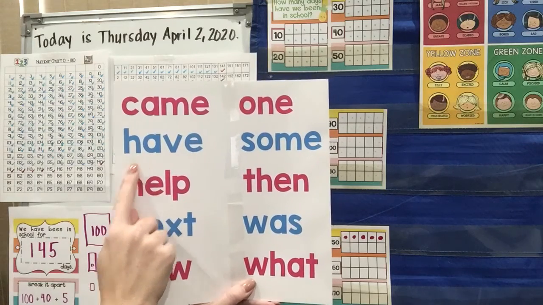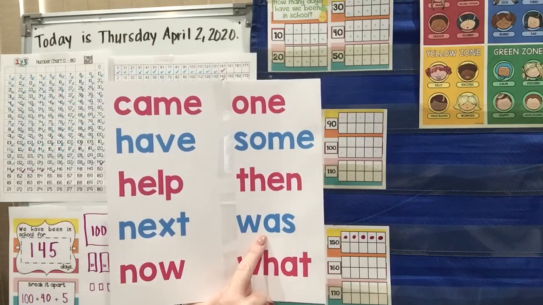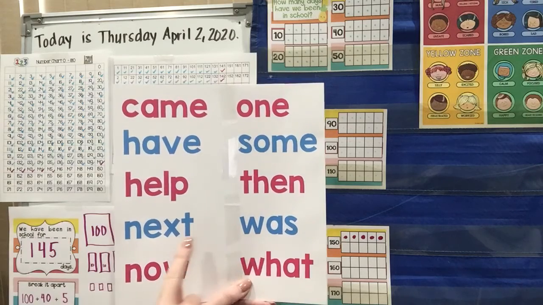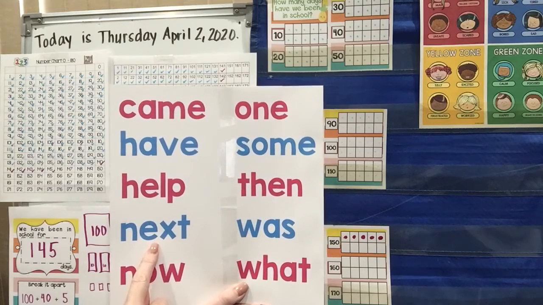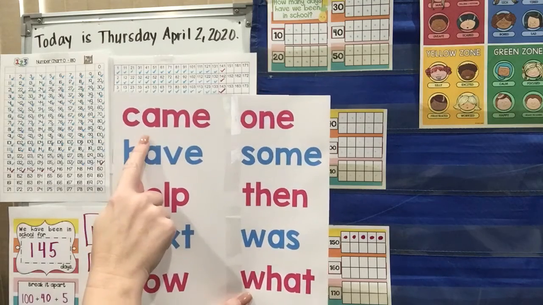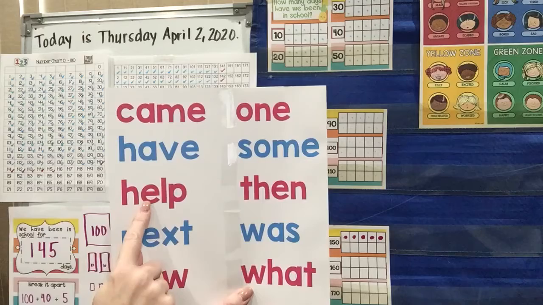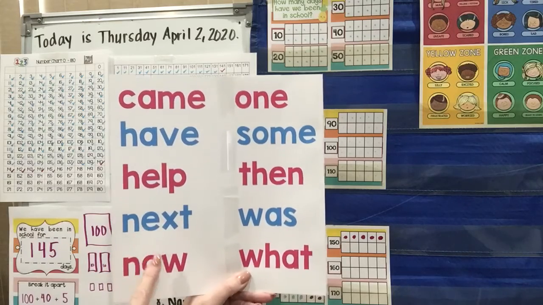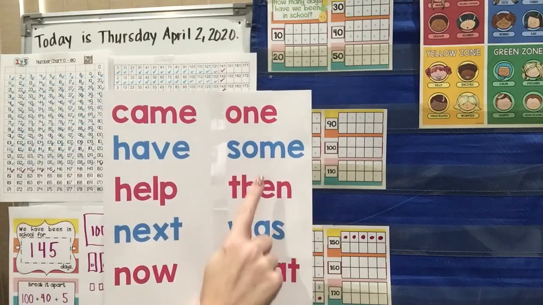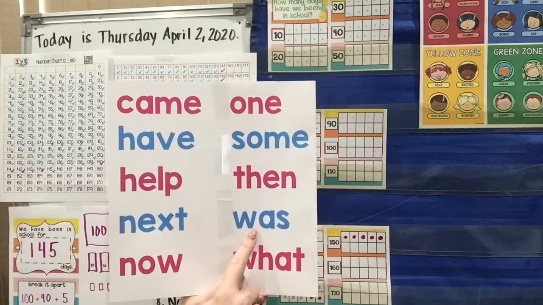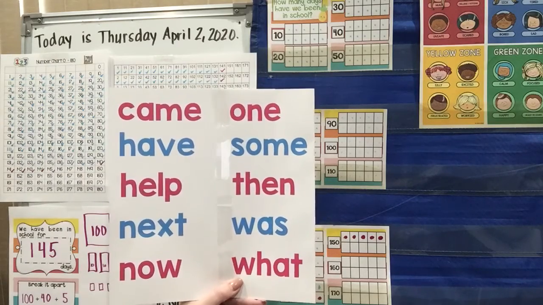Have. Was. Next. I think I got them all. Came, have, help, next, now, one, some, then, was, and what.